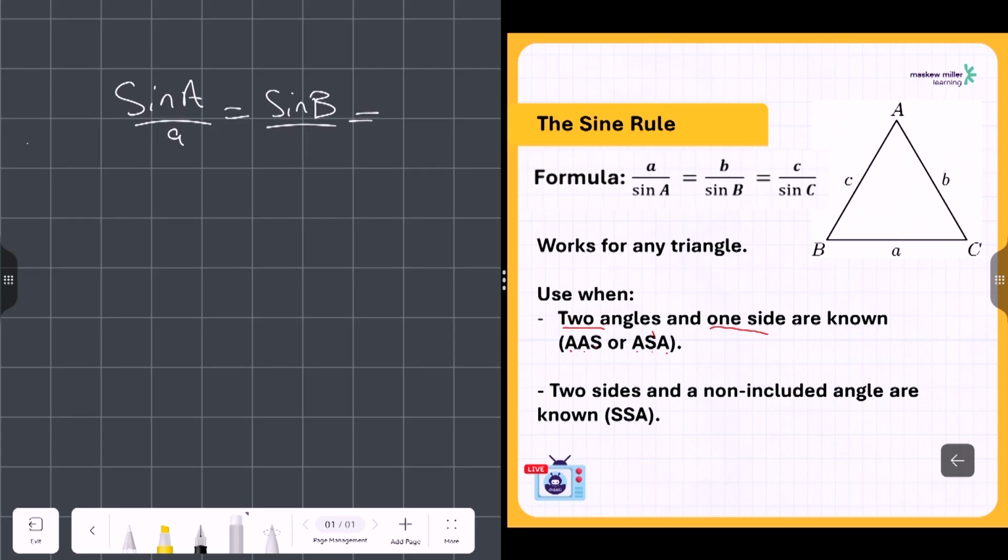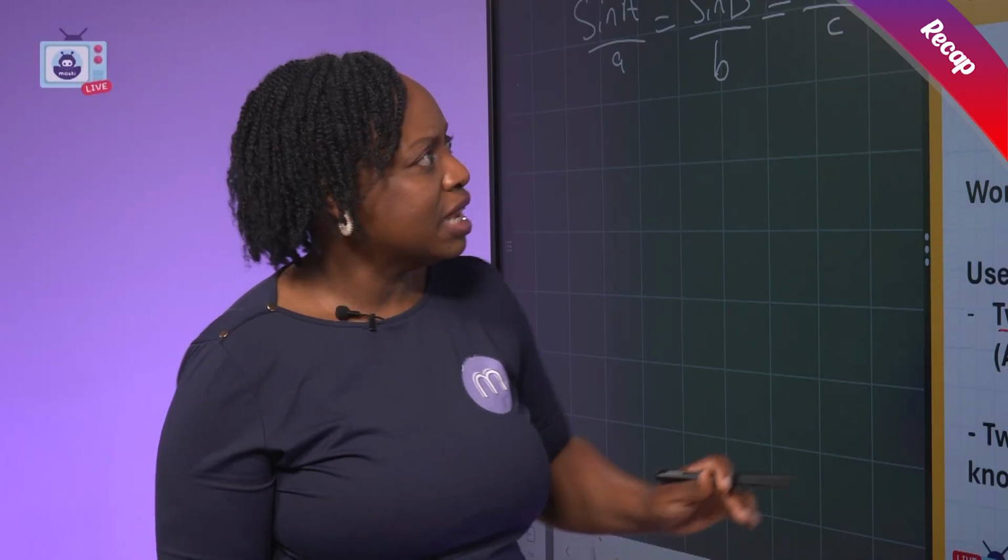So if it's a side, we use small letters. If it's an angle, we use capital letters. So that will be sine C divided by a small letter c. So you can flip it up instead of writing it like that and flip it to look like this. It still means the same thing. It does not make any difference.